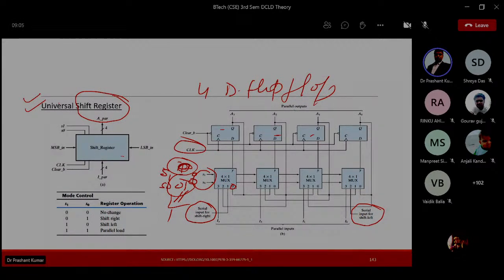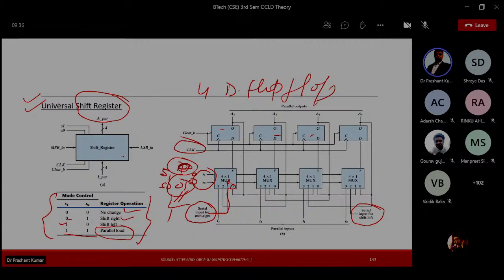So you can see the mode control from here: when S1 and S0 are 0, the 0 input is selected, so there is no change. 0 1 is right shift, and 1 0 is left shift, and 1 1 is parallel load. Fine. And you can simply see from here as well, this one is for right shift.